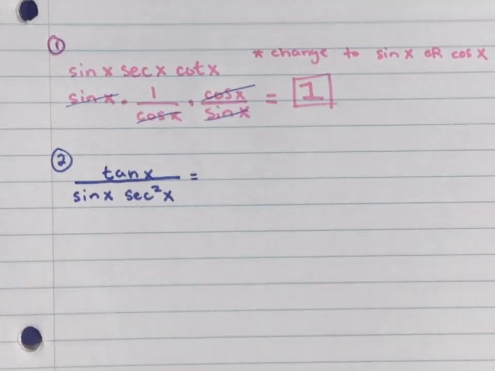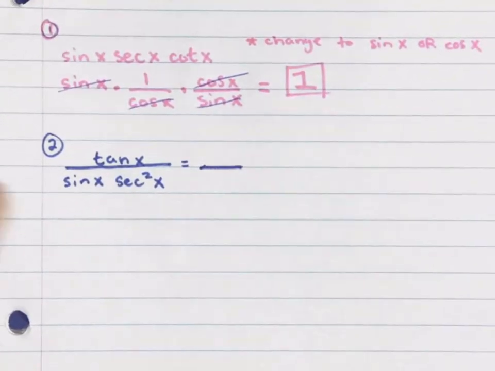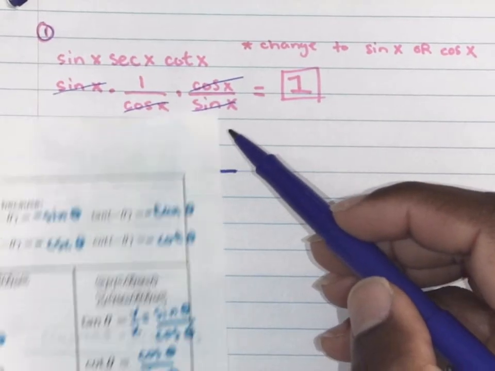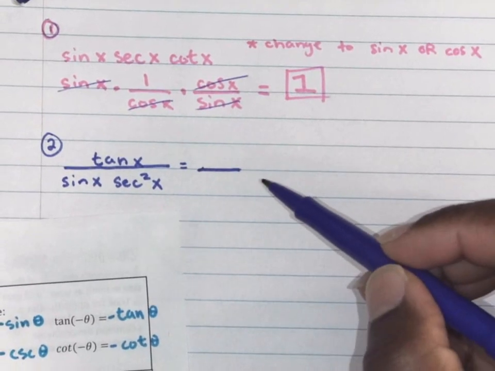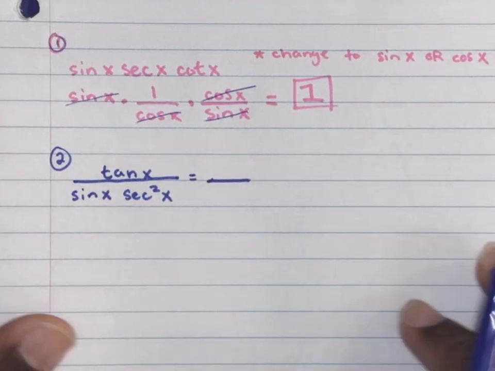Okay, we're going to number 2, and we start off with the fraction. A common mistake I see is that people will say, okay, tangent, I can use the quotient identity. So on top, they'll write, in this case, sine over cosine on top of this fraction, which isn't wrong, but it just makes it more complicated than it needs to be.